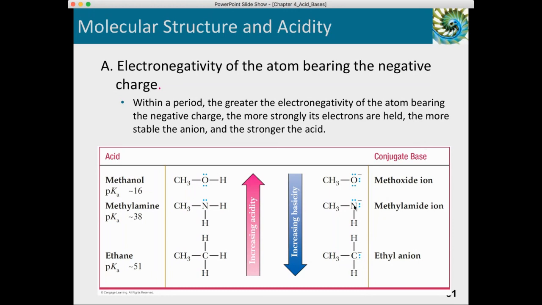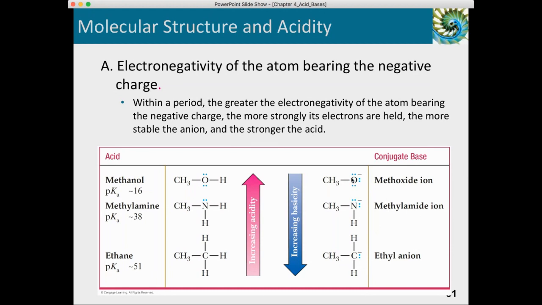When I look at the conjugate bases, I see that the charge here is over an oxygen, here over a nitrogen, and here over a carbon. The three atoms are in the same period of the periodic table. When I am comparing negatively charged species with the charge on atoms within the same period, the factor that determines stability is electronegativity.